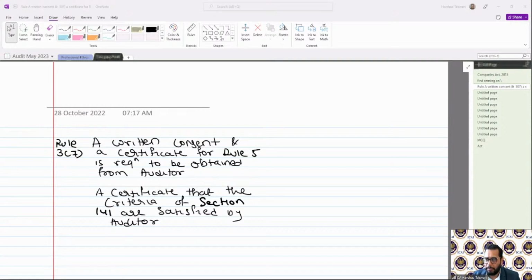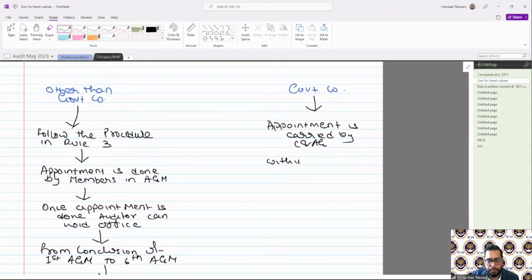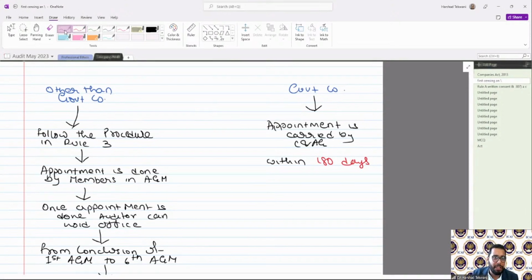In case of a government company, it's pretty simple compared to what we were seeing for companies other than government companies. In case of a government company, the appointment is required to be done by the CAG, and that too within 180 days from the commencement of the financial year.